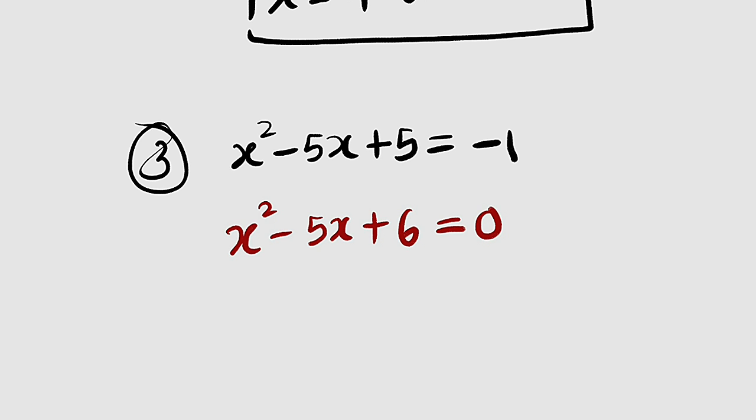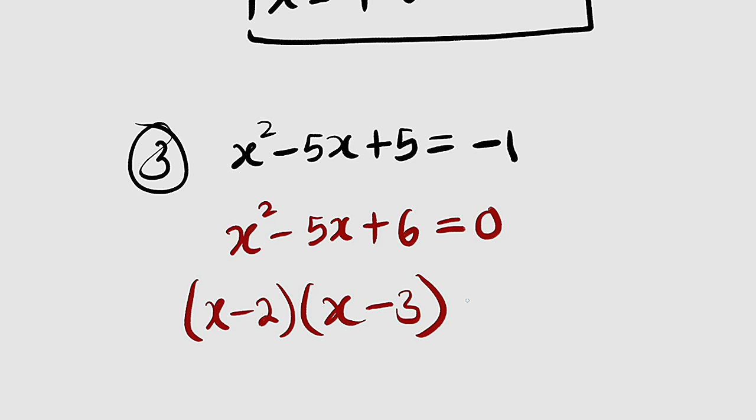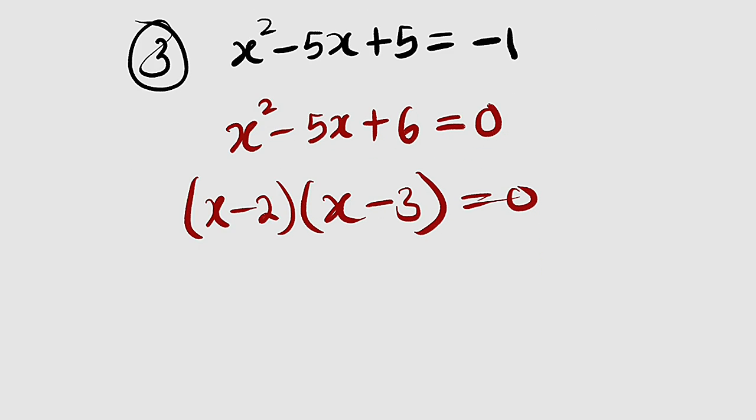This is equal to 0 because negative 1 plus 1 is 0. How do we factorize this? We think of two numbers which when we multiply them together, we get the constant term, which is 6, but when we add them together, we get negative 5, and the numbers are negative 3 and negative 2. So we have (x minus 2) multiplied by (x minus 3) equal to 0. If we set each of these factors to be 0, x could either be positive 2 or positive 3.